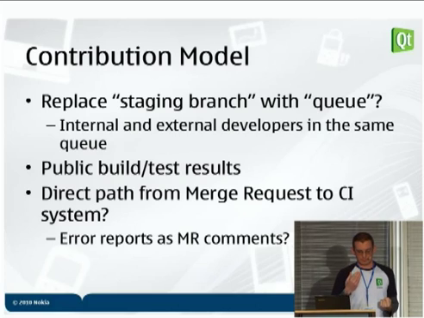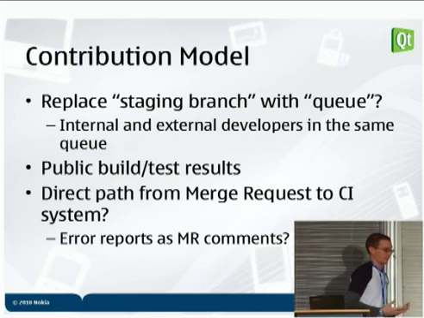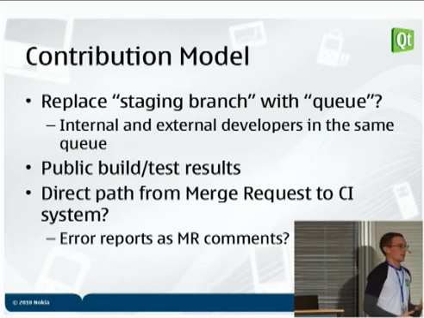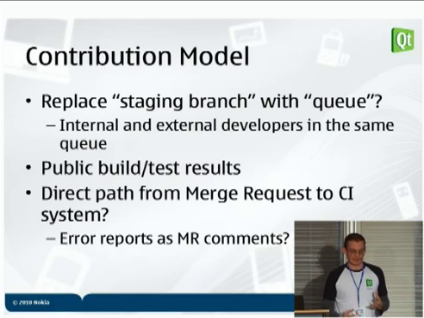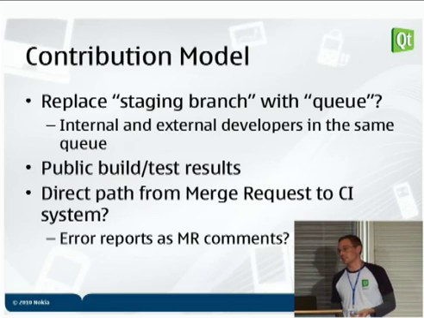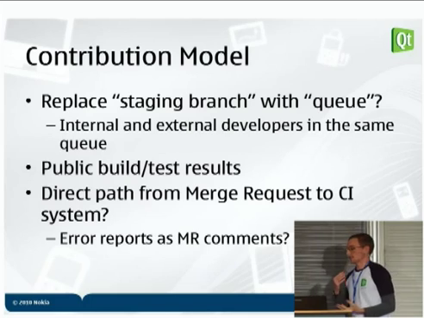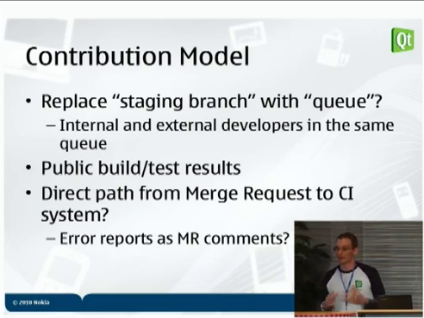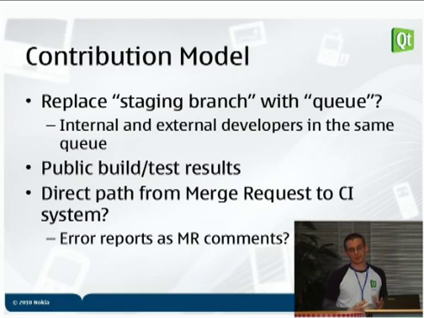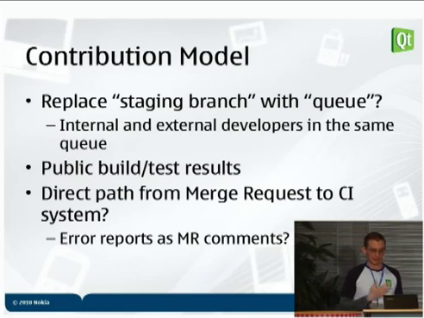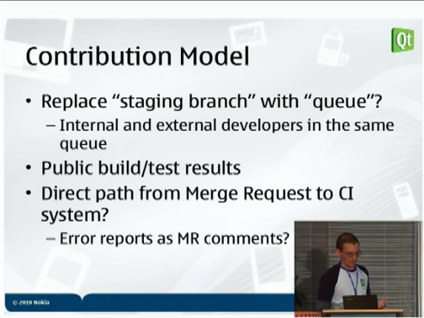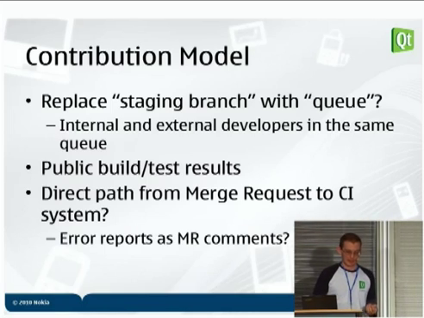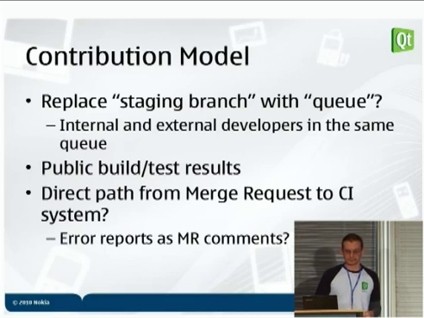All right, so what we want to do is find something better than the staging branch concept, something that allows changes made by people within Nokia and outside of Nokia to be treated equally, and basically we want a more direct path between Qt contributors who don't work for Nokia and the continuous integration system. Okay, so it would be nice if we could have internal and external developers all using the same test system.